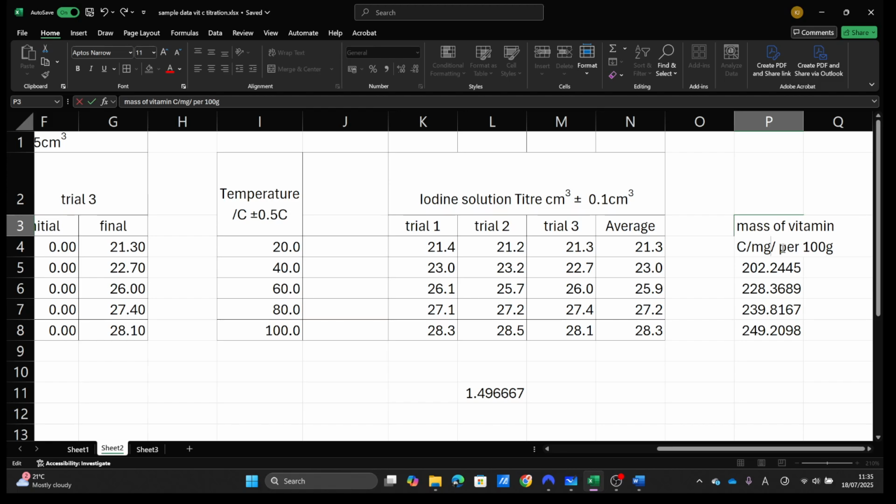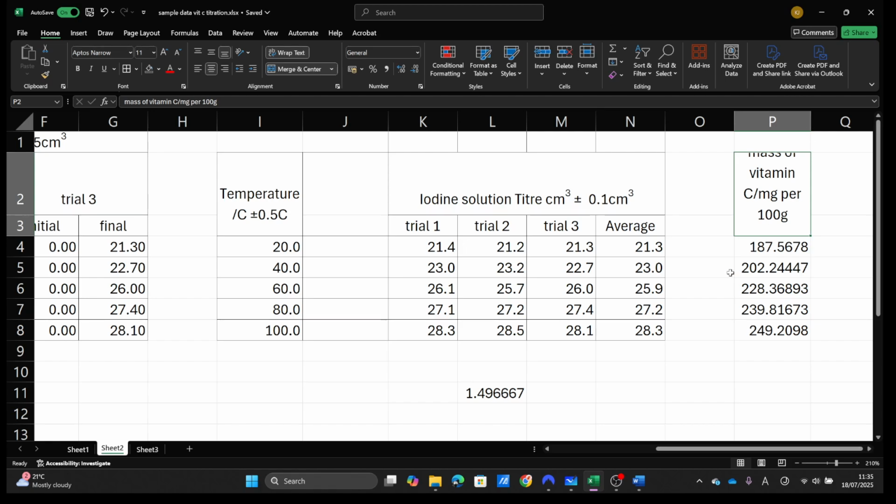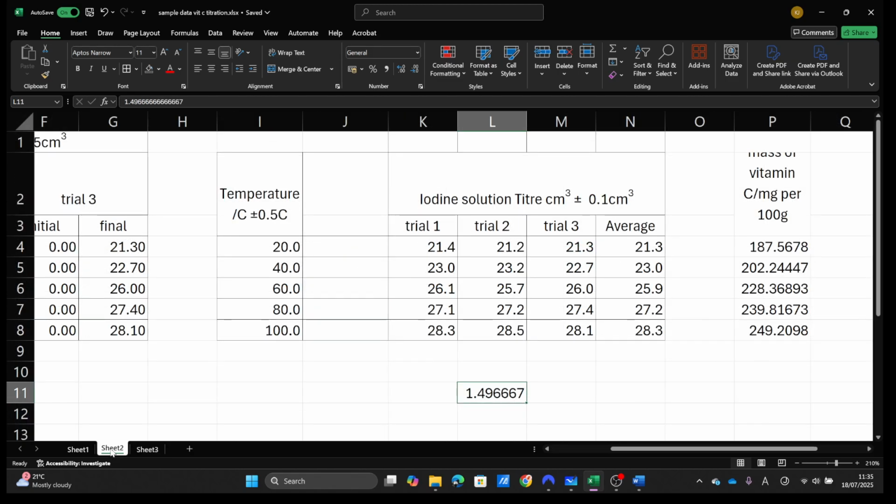Might make it slightly clearer. Okay, milligrams per 100 grams. I'm just going to merge and wrap. There we go. Okay, so this is the uncertainty that's going to be the same. It's these 4 that are the same every time.